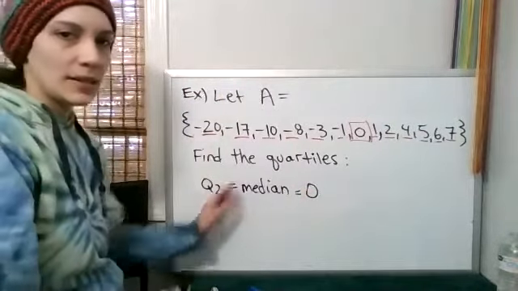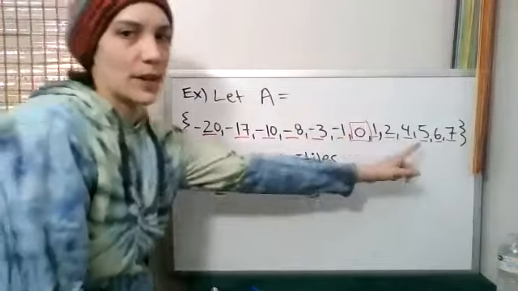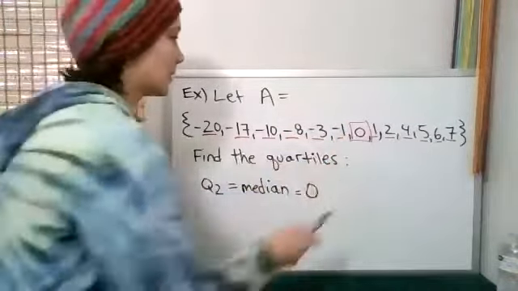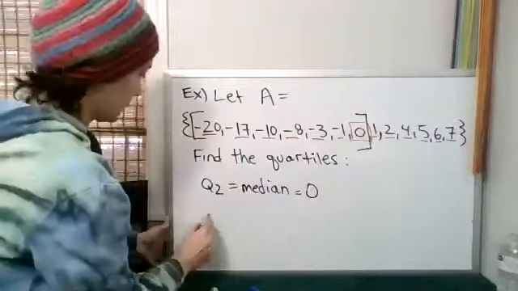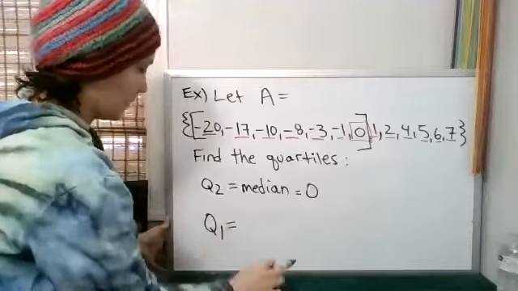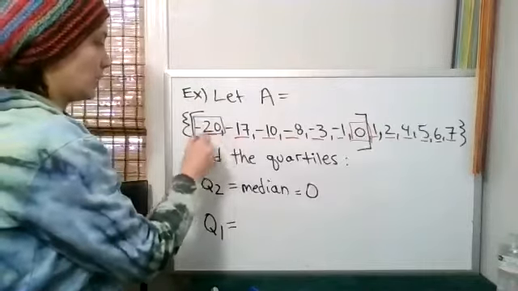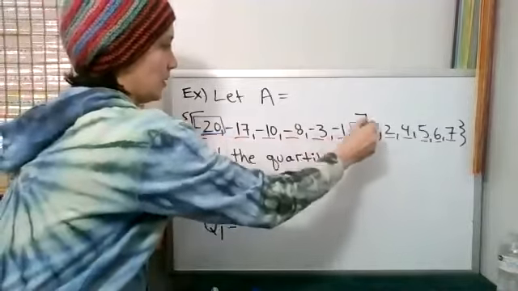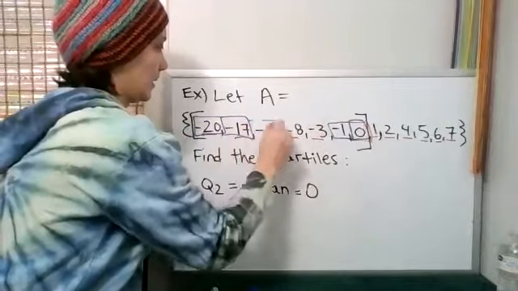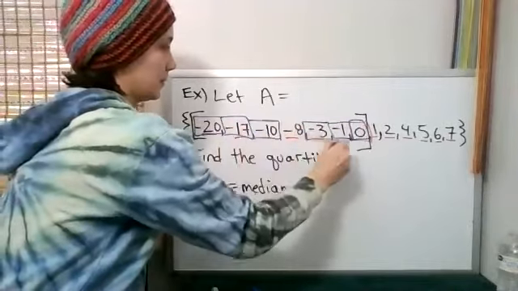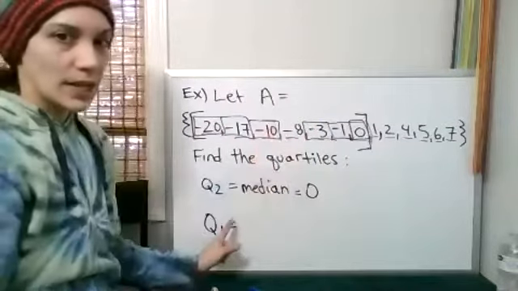It's a number in the set, so for the bottom half of the set, include 0. The top half of the set, include 0. This way, let's go with 1 step, 2, 3. Awesome. -8 was in the center, so that's Q1.